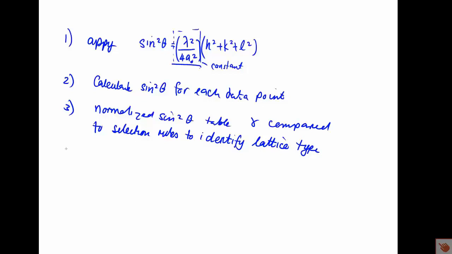Once we did that, we were able to index peaks.